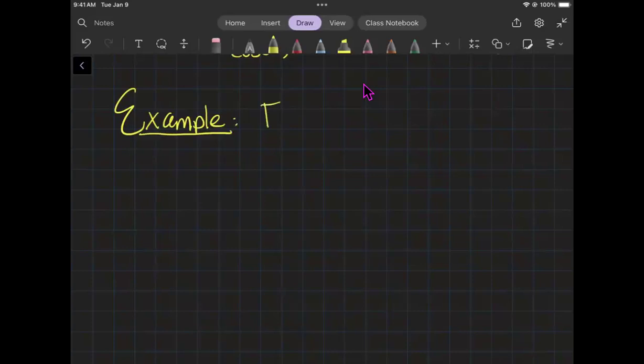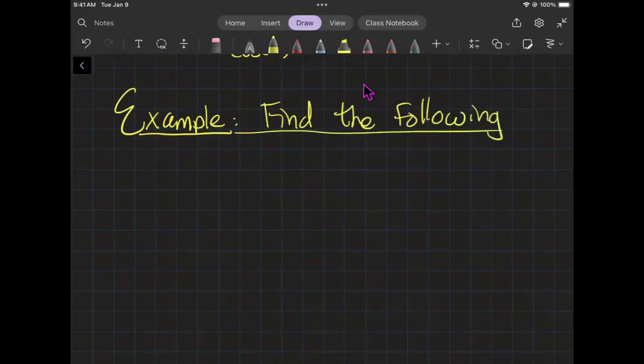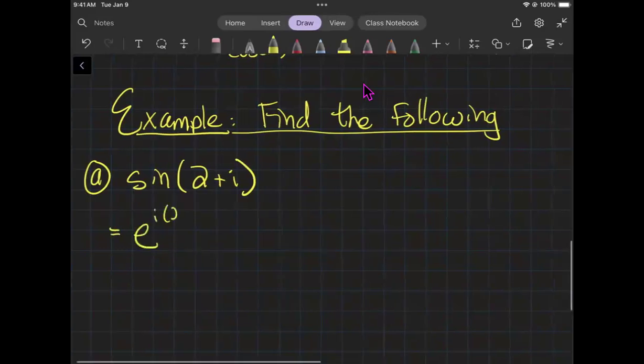So for example, compute the following numbers. Sine of 2 plus I. With this one, for example. Okay, so sine of 2 plus I. By definition, this equals e to the I times 2 plus I minus e to the minus I times 2 plus I, divided by 2I.